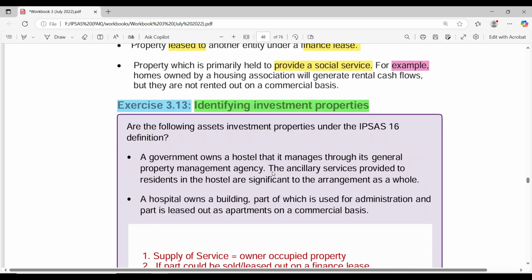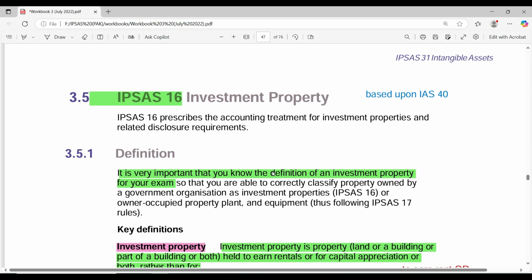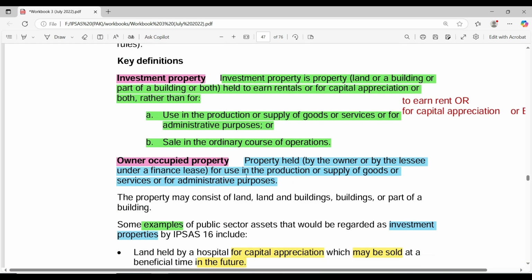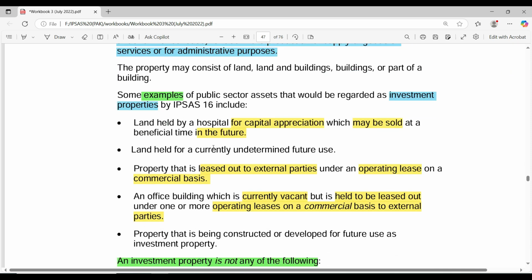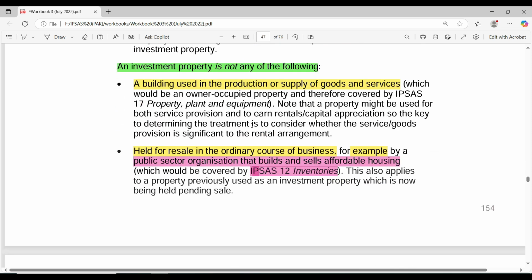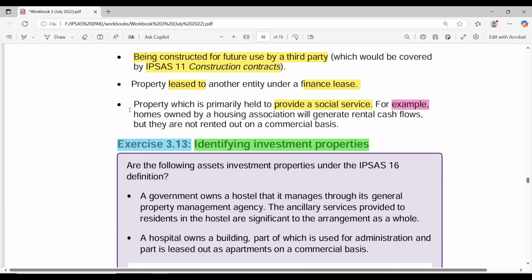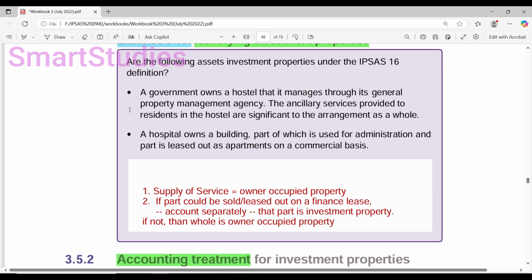In the first part, we discussed the definitions, and we saw that IPSAS 16 is based upon IAS 40. After the definitions of investment properties and owner-occupied properties, we discussed the examples of investment properties, and further the examples which are not investment properties, and we solved an exercise.